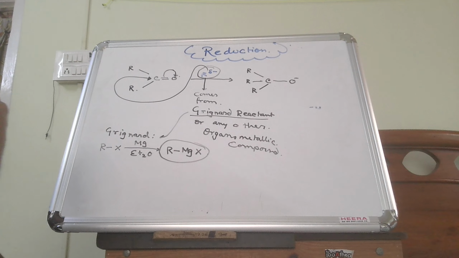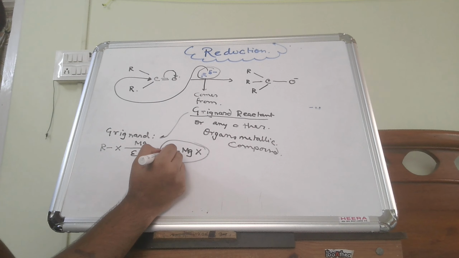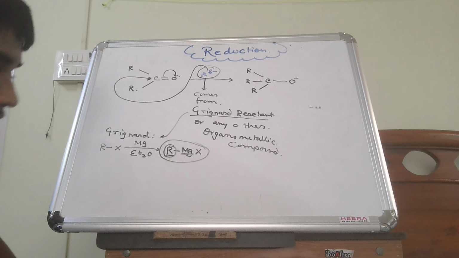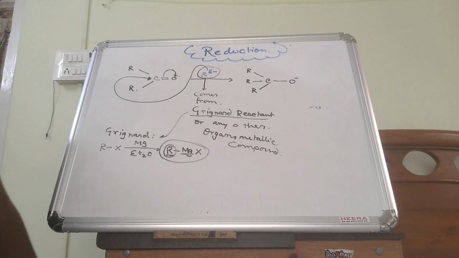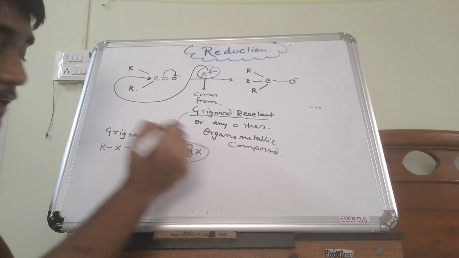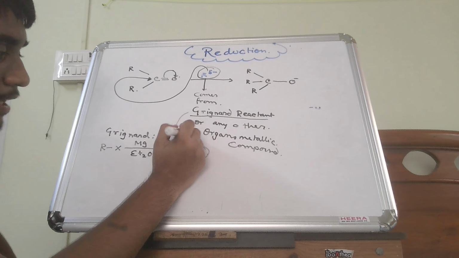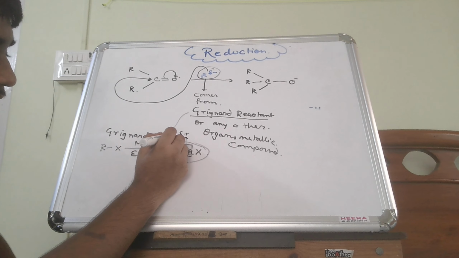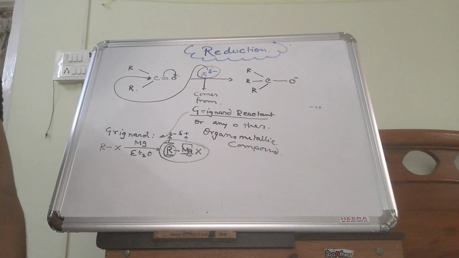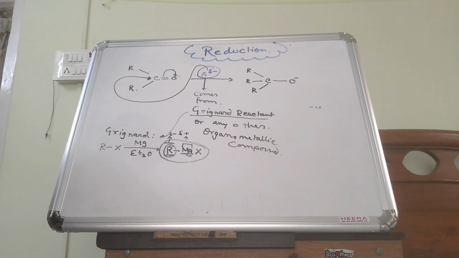Organometallic compounds are those in which the carbon atom of the alkyl group is attached to a metal. Metals are electropositive, so the metal will carry the plus charge, whereas the alkyl group will carry the delta minus charge.